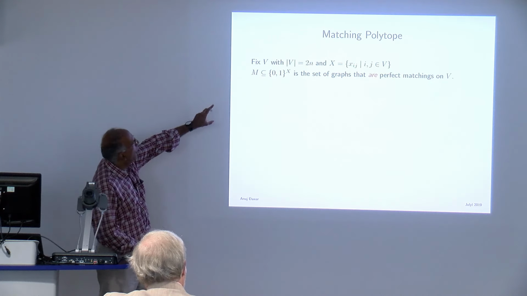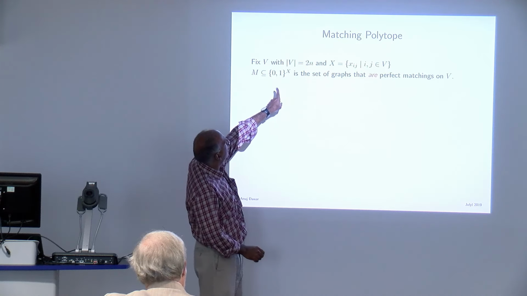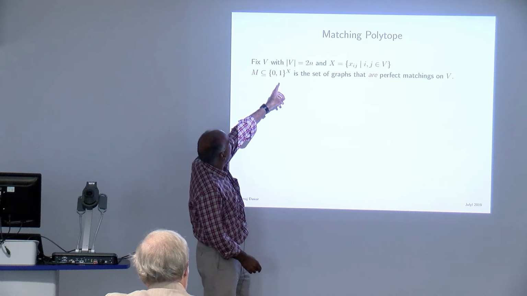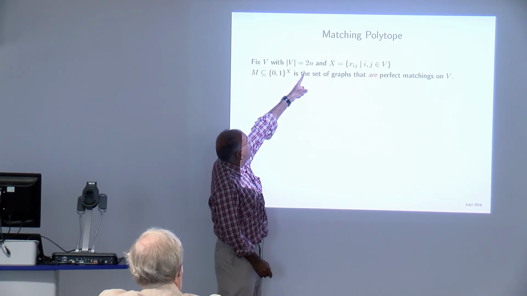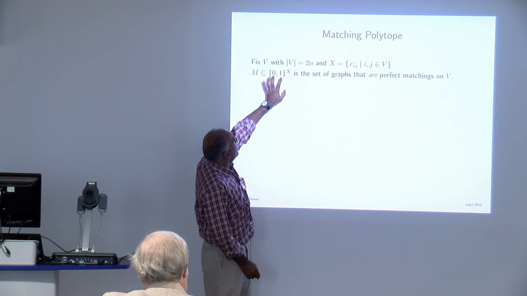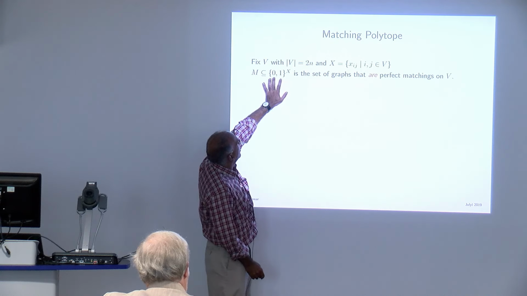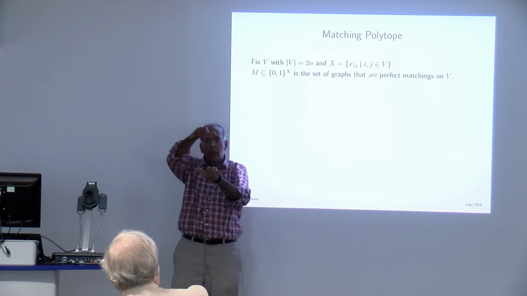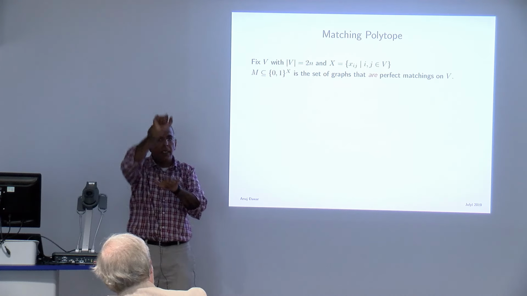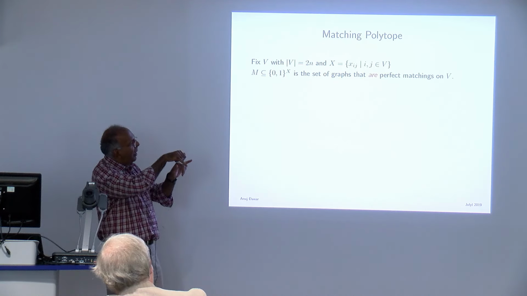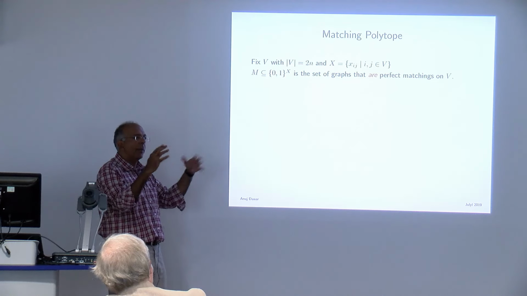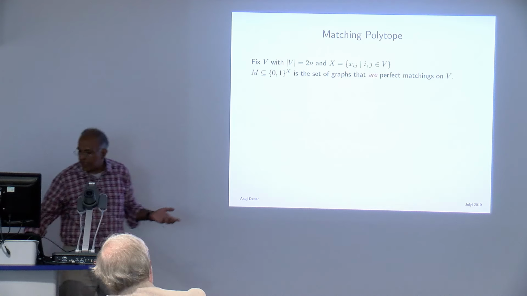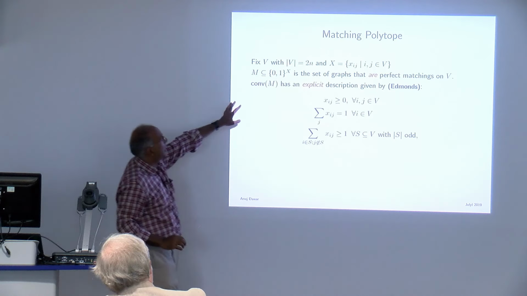The matching polytope, briefly, is exactly this: you take some even number of vertices, and you take those graphs which are perfect matchings. So basically, the vertices are divided into pairs, such that between the two of them there's an edge and there's nothing else. And you take the convex hull of that. That's called the matching polytope.